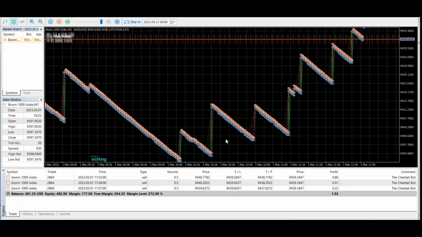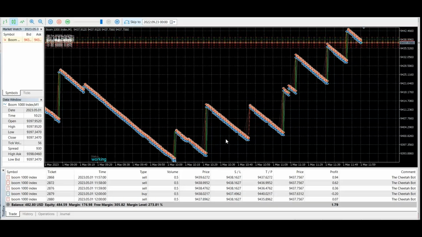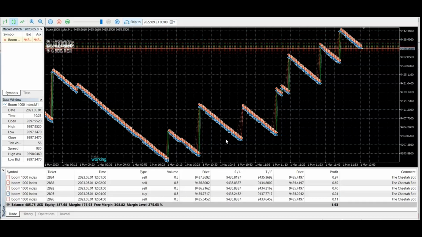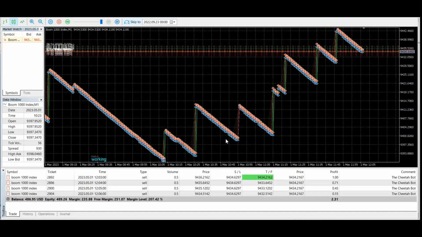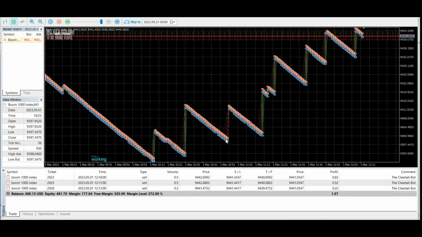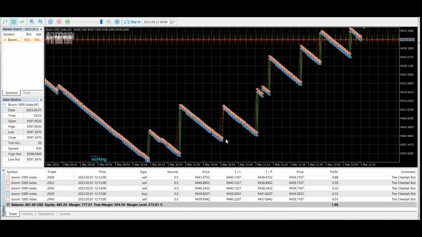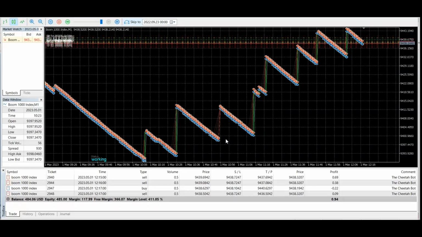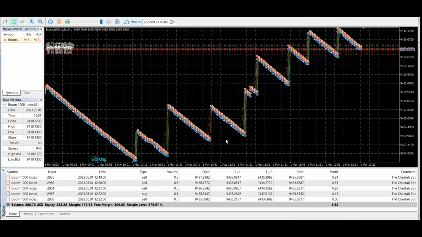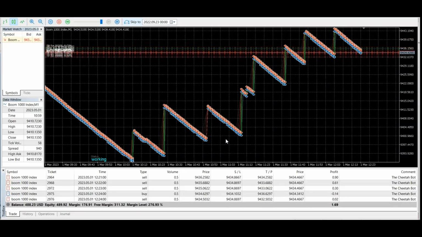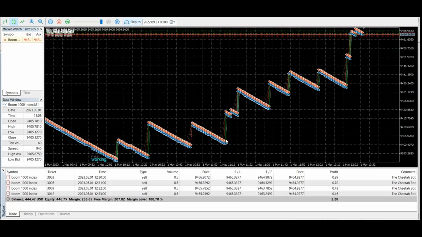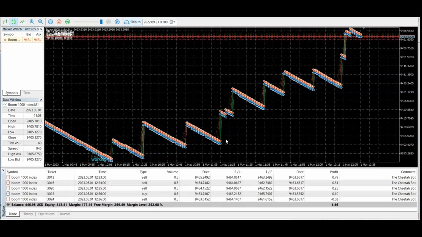Let's say you're using 0.10, it will use lot 1, then lot 2, then lot 4, then lot 5, right? Then it will reset back to its original lot, which is 0.5, right? So meaning that even if the spikes come in, I'll still be protected, my profits.